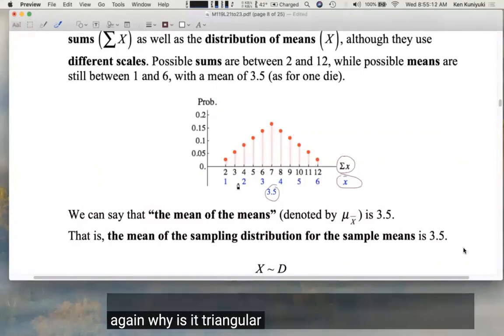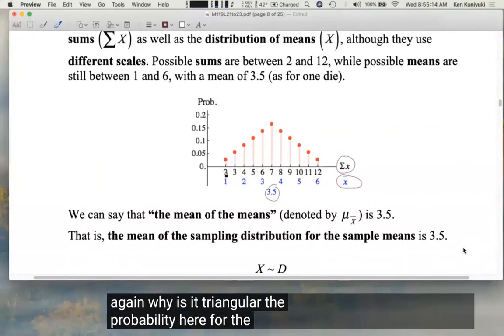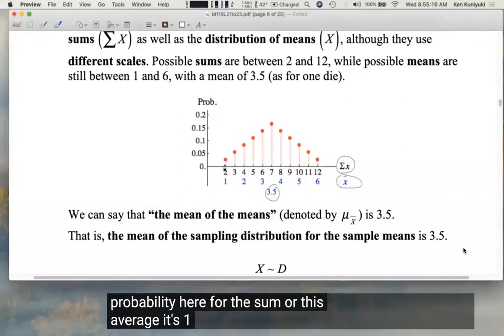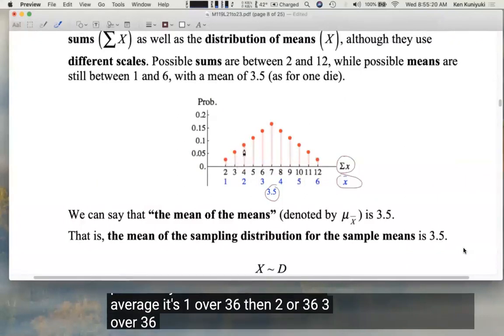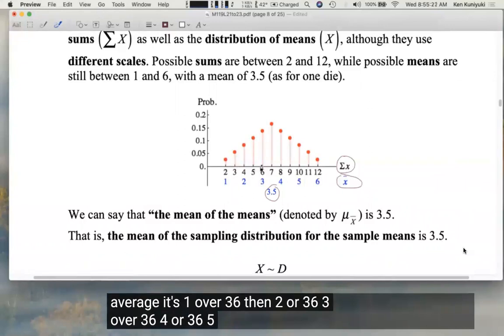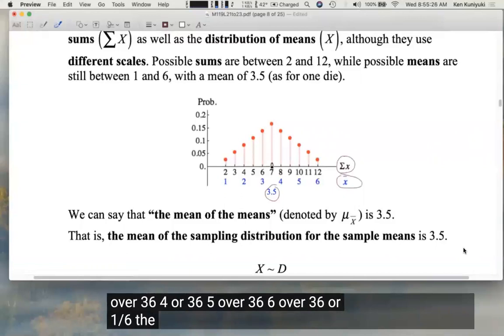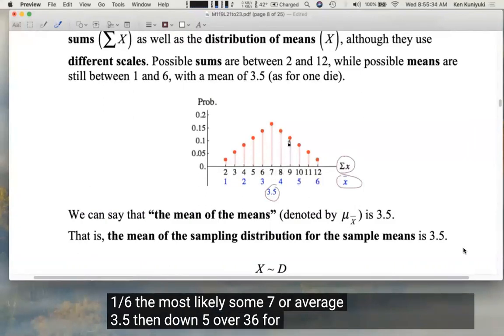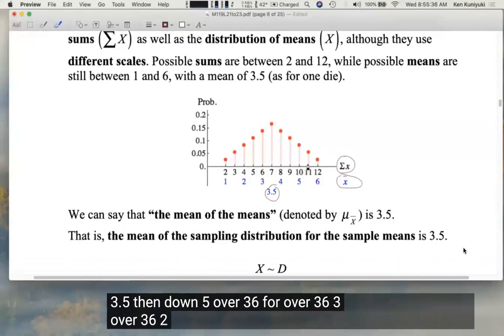Again, why is it triangular? The probability here for the sum or this average, it's 1 over 36, then 2 over 36, 3 over 36, 4 over 36, 5 over 36, 6 over 36, or 1/6, the most likely, sum 7, or average 3.5, then down 5 over 36, 4 over 36, 3 over 36, 2 over 36, 1 over 36.